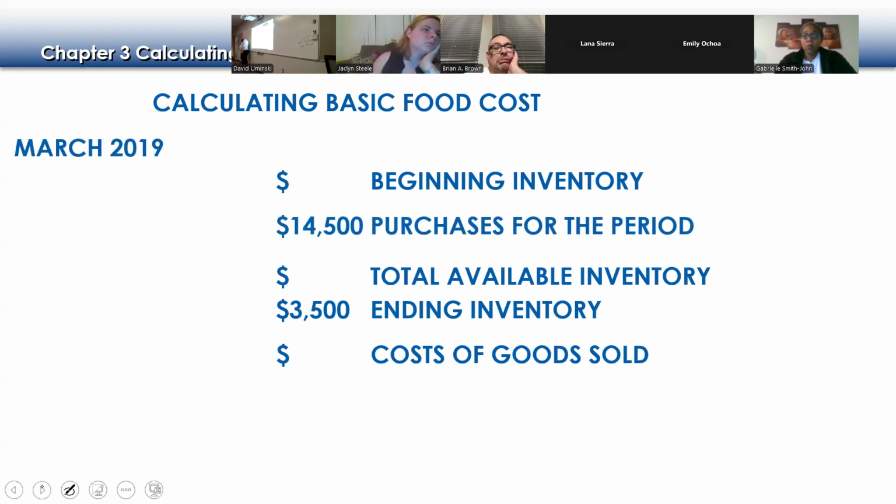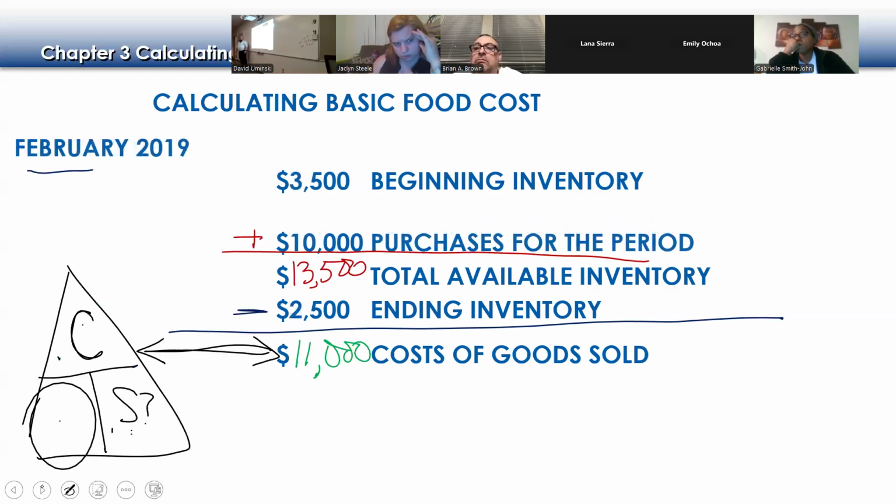March 2019. Where's our beginning inventory? How do I know what that number is? Figure it out. How do I figure that out? From February.